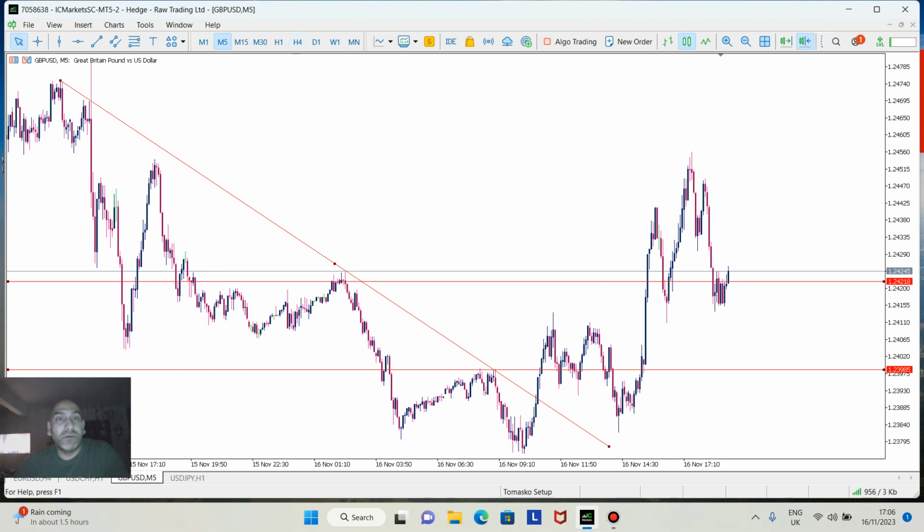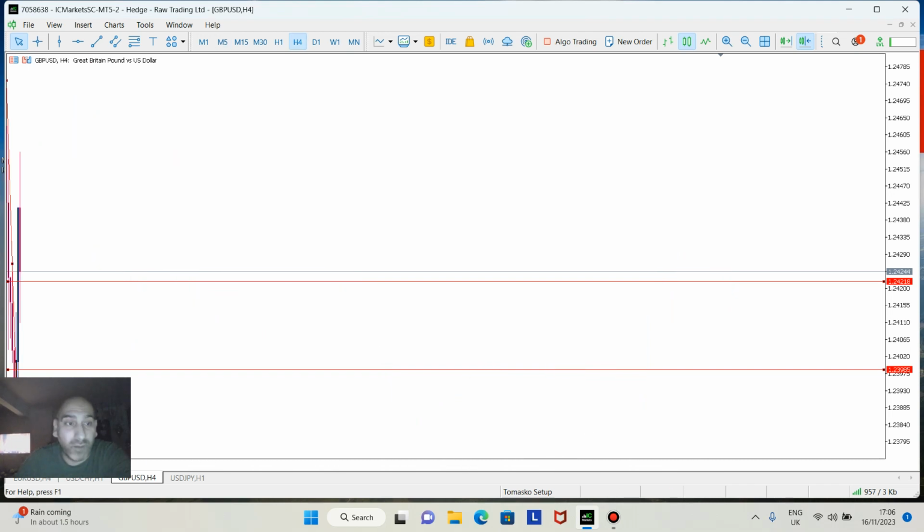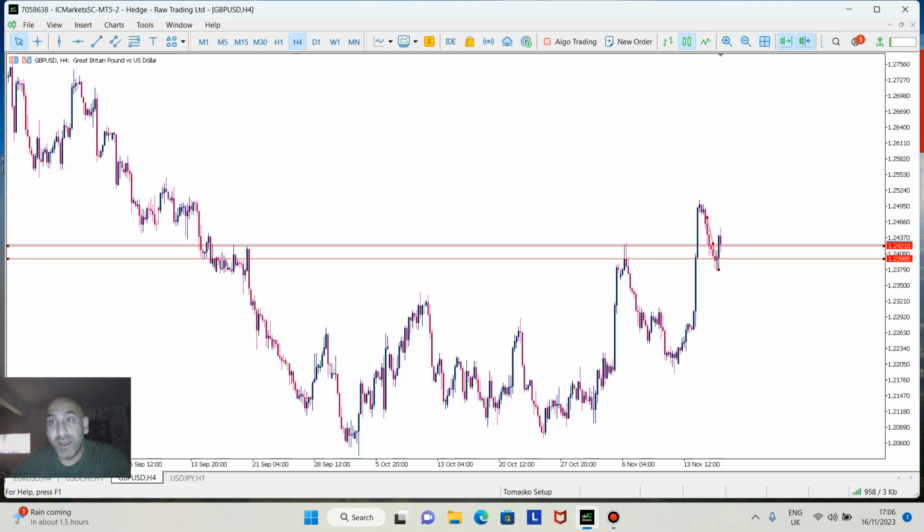So first thing you've got to do is go into a 4-hour time frame. Let's go back, 4-hour time frame. So this is basically British pound and US dollar. Now what you can see is that we are in an uptrend on a higher time frame.